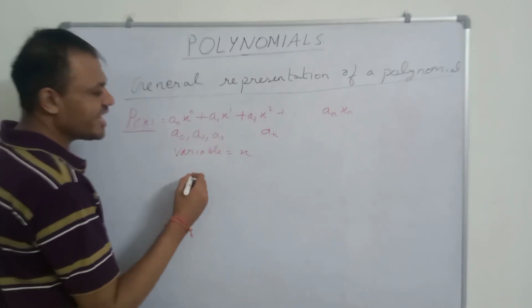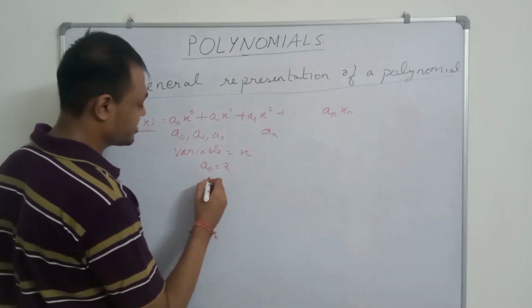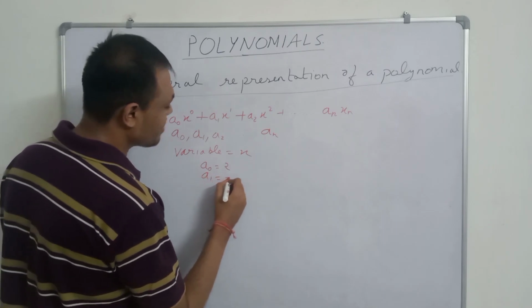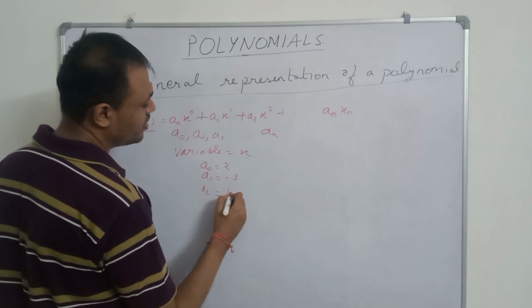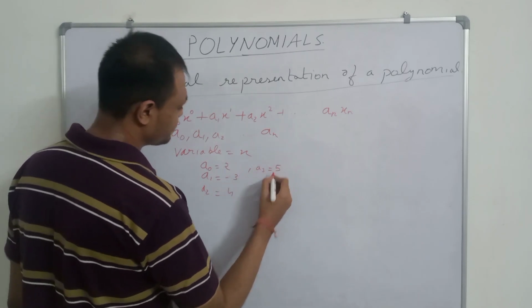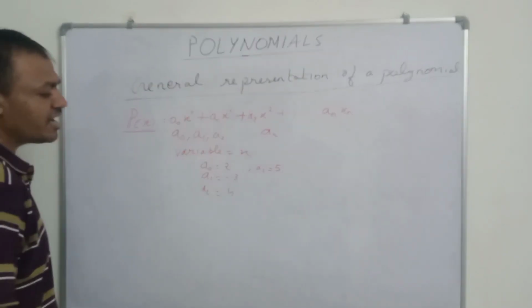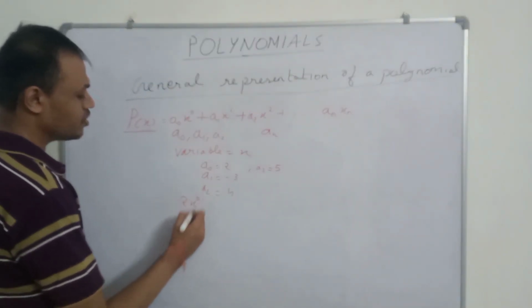So we can take an example. Let's say that a0 is equal to 2, a1 is equal to -3, a2 is equal to 4 and a3 is equal to 5, and all others are 0.